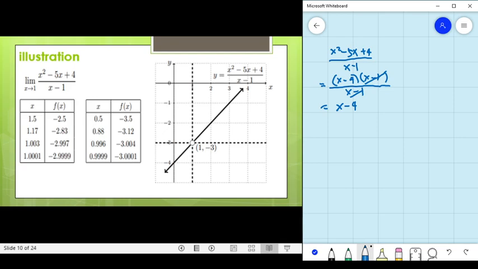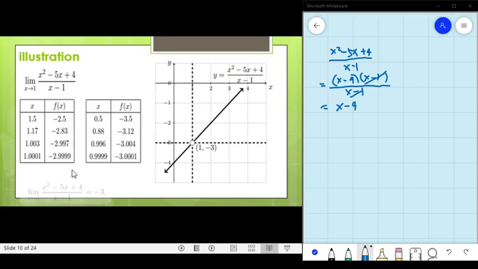Okay, so if we analyze when x gets closer and closer to 1 from the right and from the left, the values of y get closer and closer to negative 3. So that's why the limit of x squared minus 5x plus 4 all over x minus 1 as x approaches 1 is equal to negative 3.